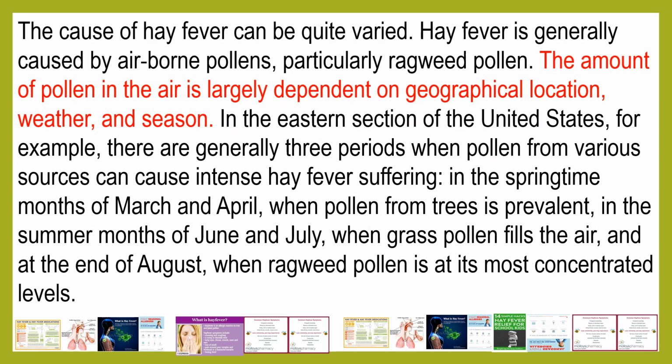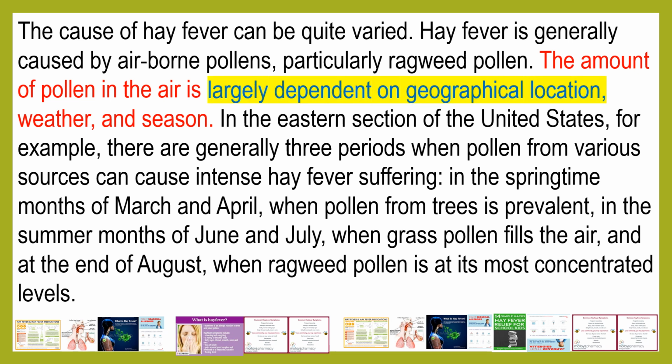This is paragraph 2. Perhatikan kalimat yang berwarna merah. The amount of pollen in the air is largely dependent on geographical location, weather, and season. Kandungan serbuk sari di udara sangat bergantung pada lokasi geografis, cuaca, dan musim.